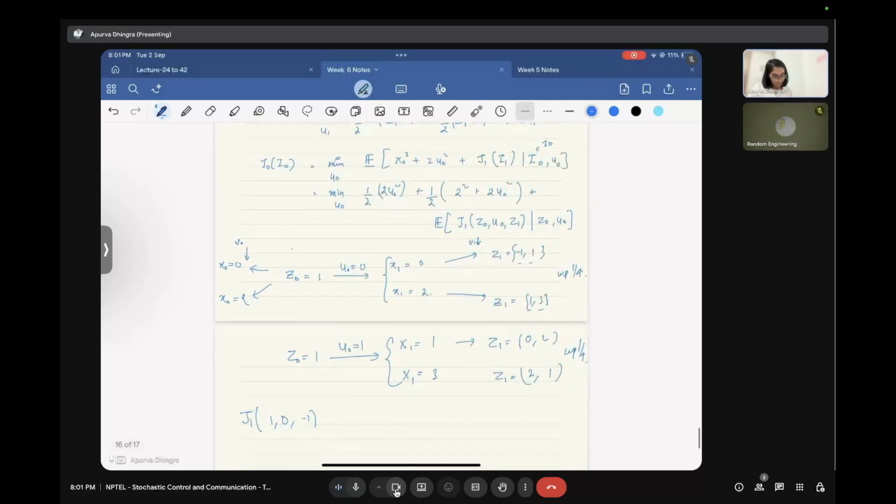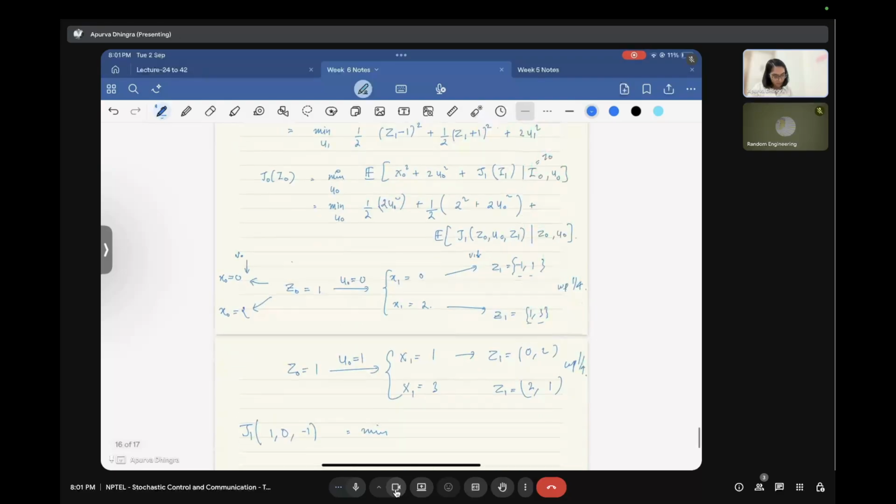When that happens, you're minimizing... something seems wrong here, right?